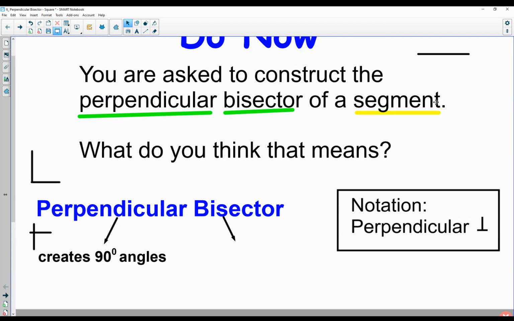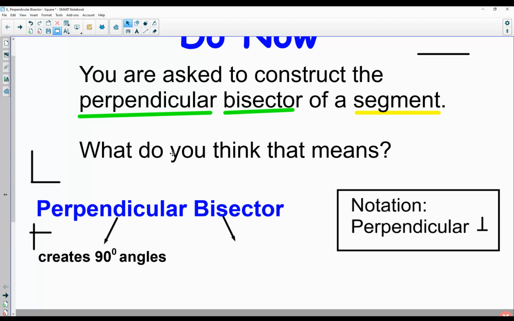So up here, I'm going to construct something that's perpendicular to this segment here. If this is a horizontal line, the perpendicular line that I construct has to be vertical. But we have to figure out where it is going to go through if it's a bisector of that segment. So now, if you bisect something, what have you done?